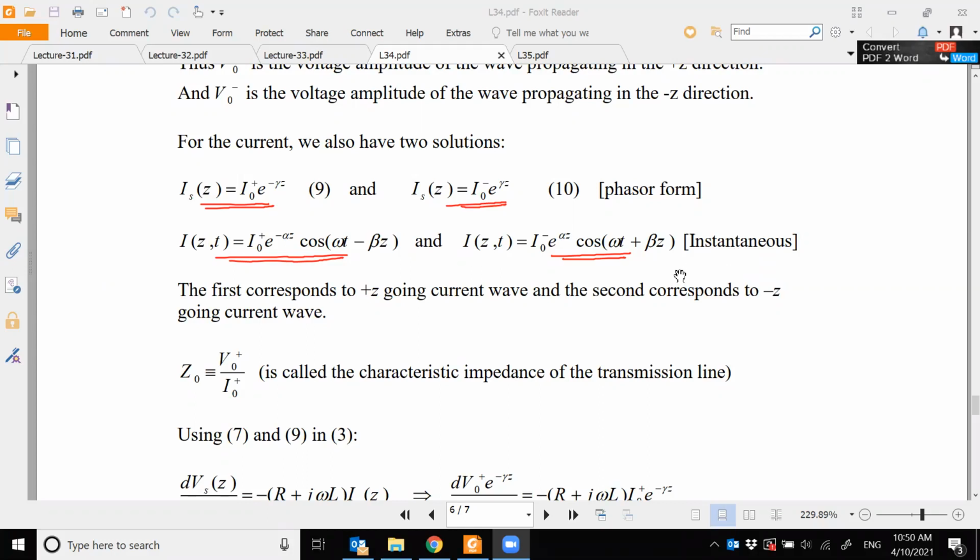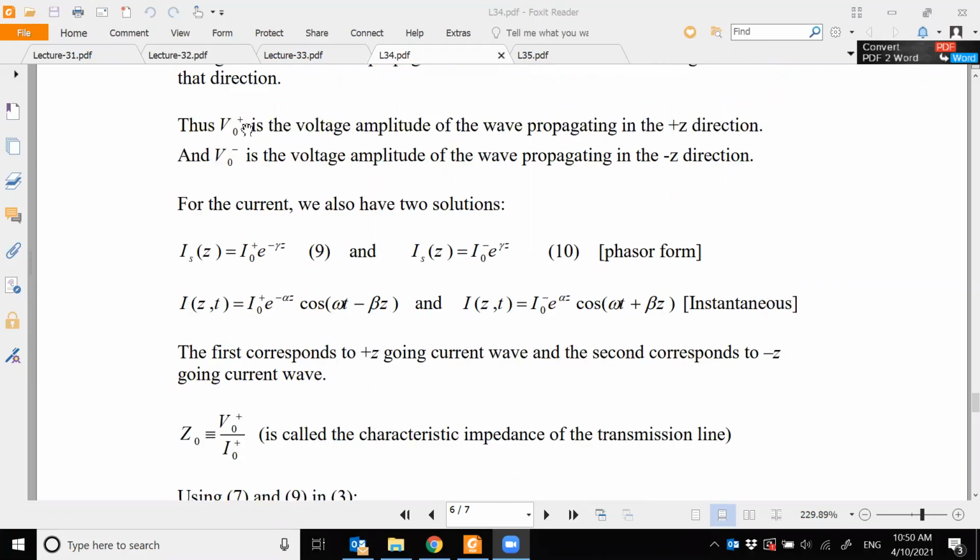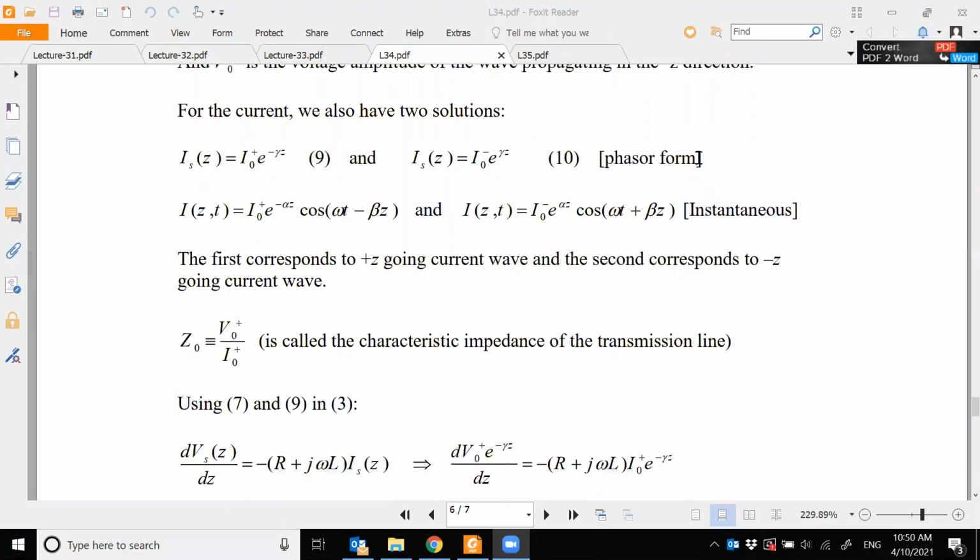If you want to relate it to EM, this is our electric field amplitude. Got it? Yes. So it's just our starting values, our initial values of voltage and of current. Here is the voltage amplitude in the positive direction and the negative direction. For the current also, you are getting the same.